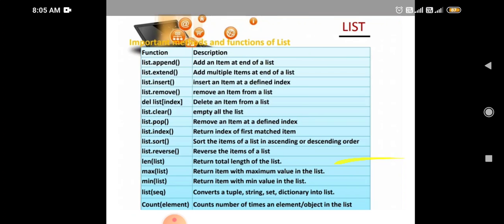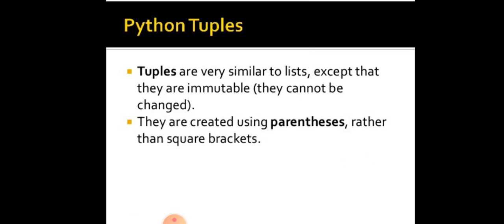Tuples are very much similar to lists except that they are immutable. They cannot be changed. A tuple is a collection of Python objects separated by commas. In other words, a tuple is a sequence of immutable Python objects.